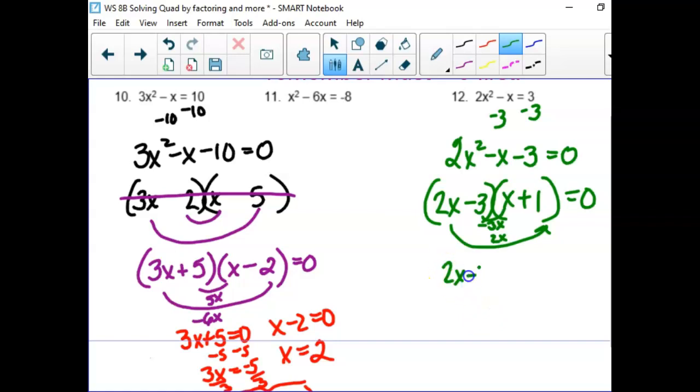Then you set each one equal to 0. You would add 3 over the other side, divide by 2. Please don't give me decimals. And this one you just subtract 1. I didn't show quite as much work that time. Is everybody still okay?